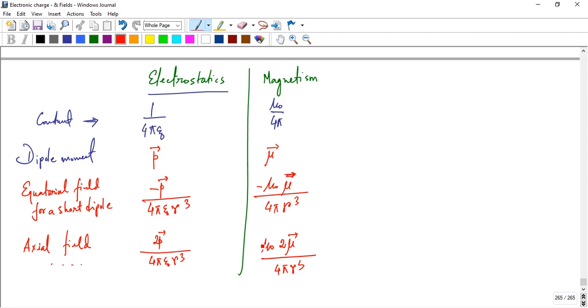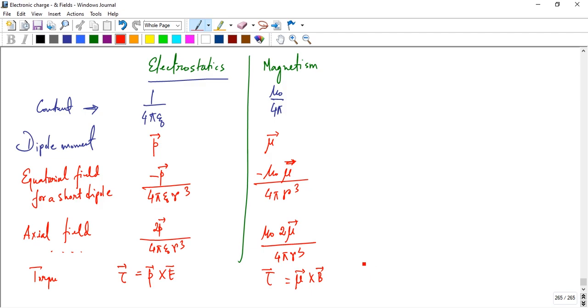Mu 0 is the permeability of free space, and mu represents the magnetic dipole moment. And there is the torque tau, which is p cross E, and here we get tau equal to mu cross B.